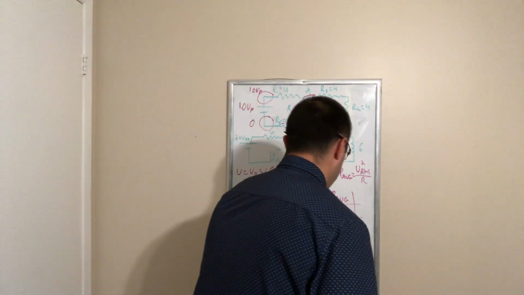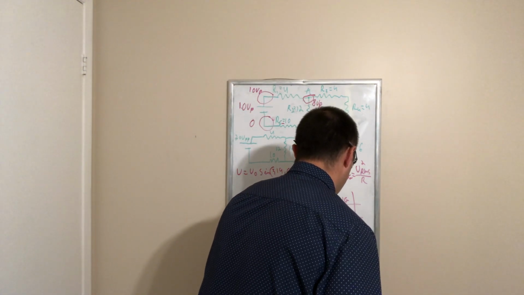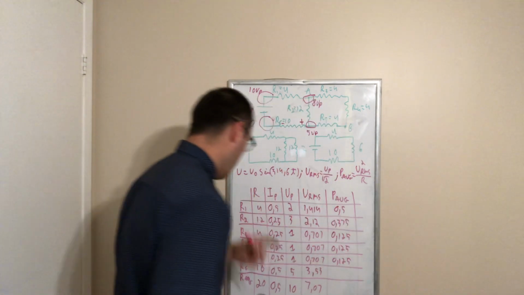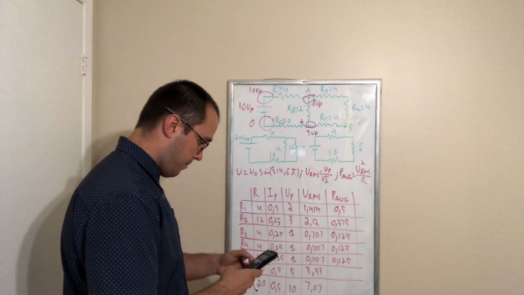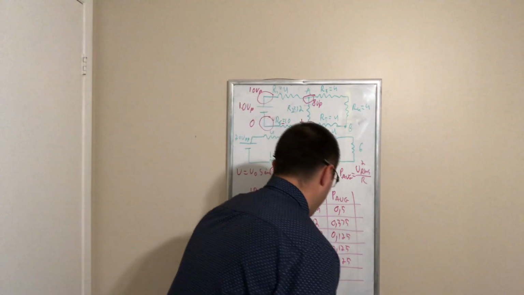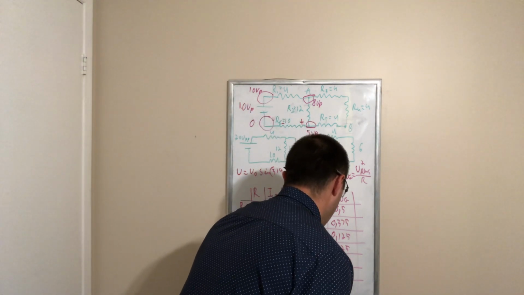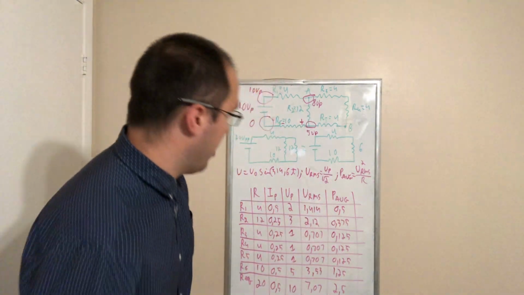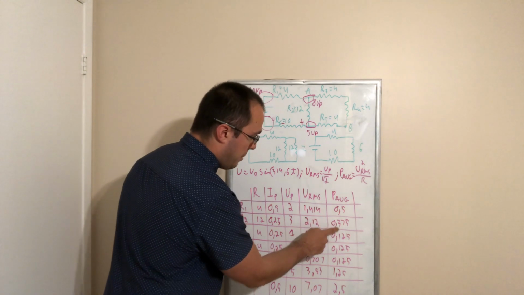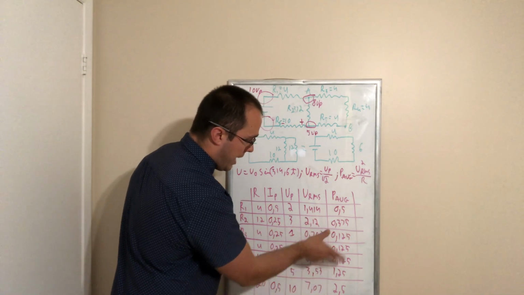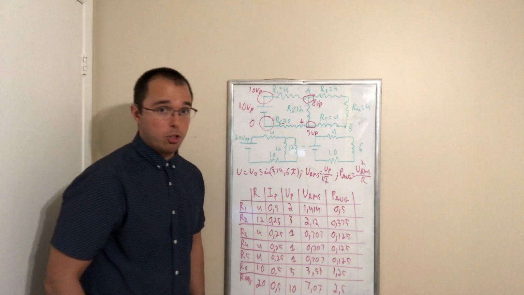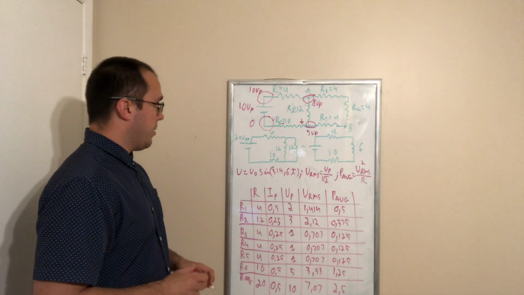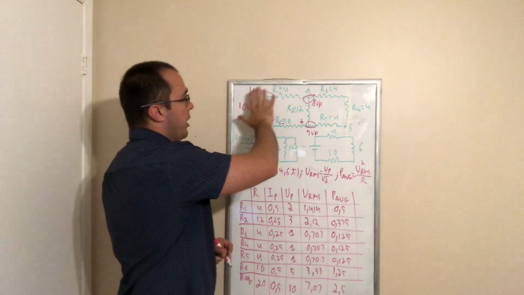These are 0.125. This one is 1.25. And the power at the source is 2.5 watt. Now, by the way, if you add up all the power dissipated through each resistor, you equal the power supplied by the source. Obviously, energy is conserved.